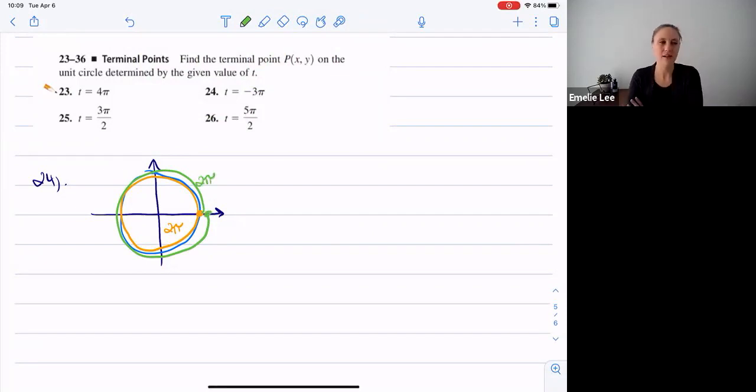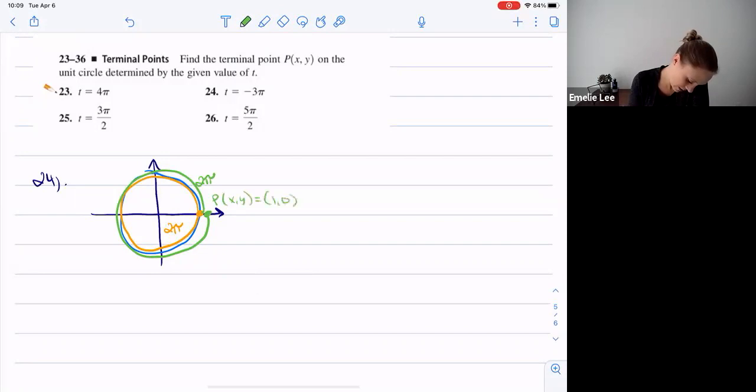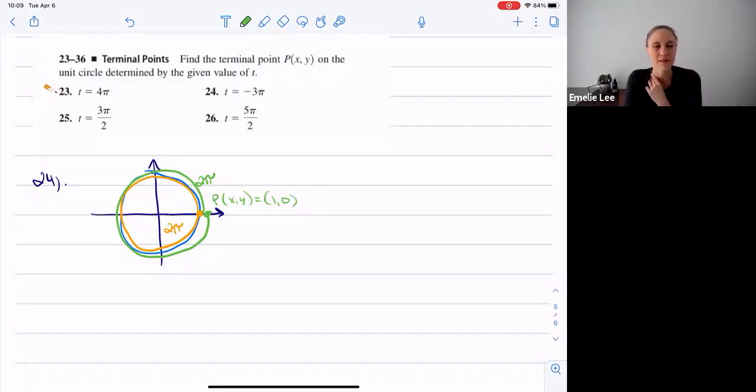So that puts me back at the same point where you started. And because we're always going to start on the positive x-axis, at 1, 0, then the terminal point, P(x, y), is at 1, 0, because I've just gone 2 loops around the whole circle.